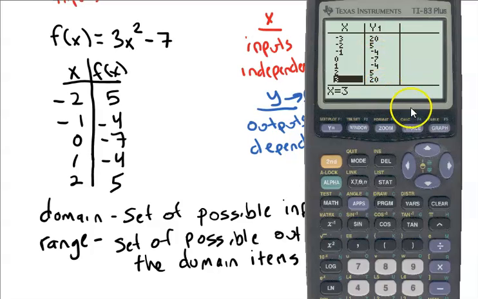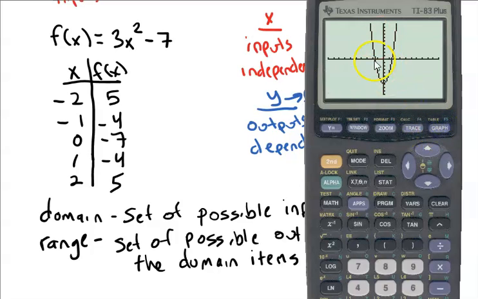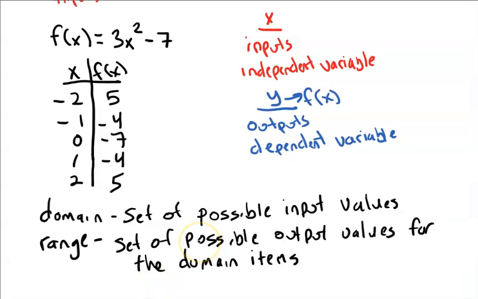So my graph and the table on the calculator showed me that this graph never goes below y equals negative 7 on this coordinate plane. So it's telling me the same thing. If you don't understand domain and range now, we'll talk about that in another video. So there are some basic ideas about functions you need to have going forward.